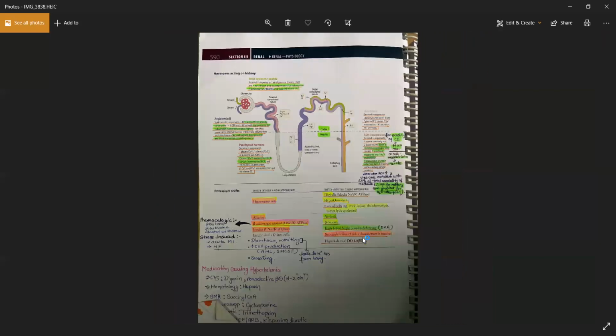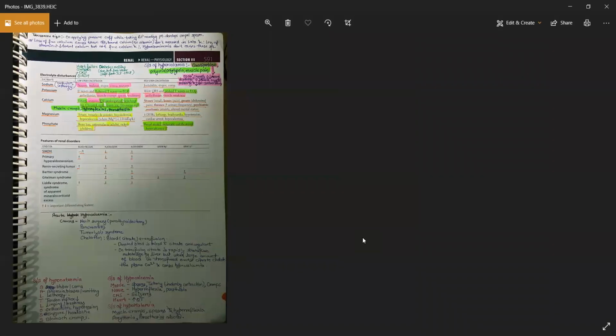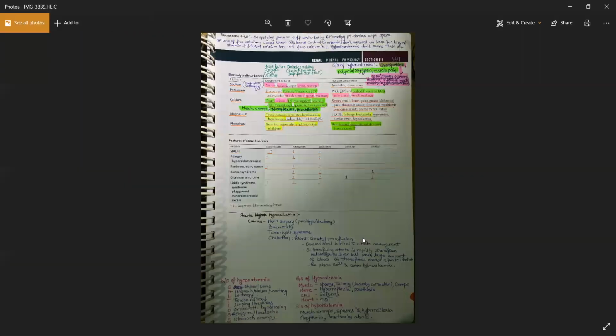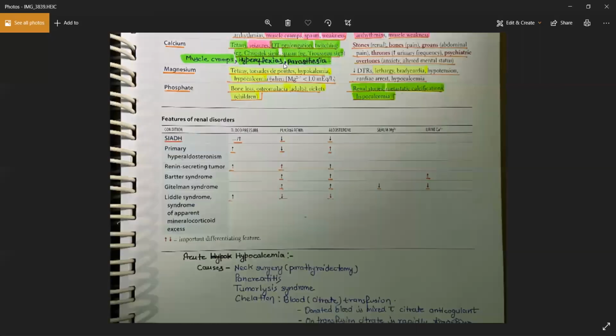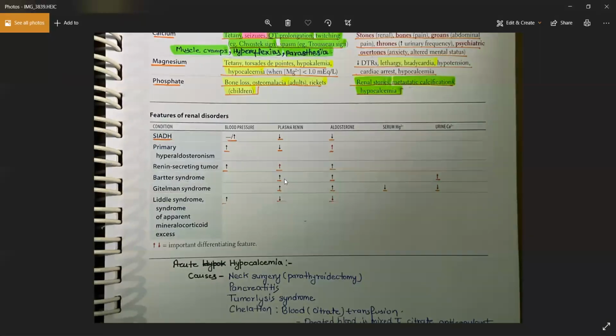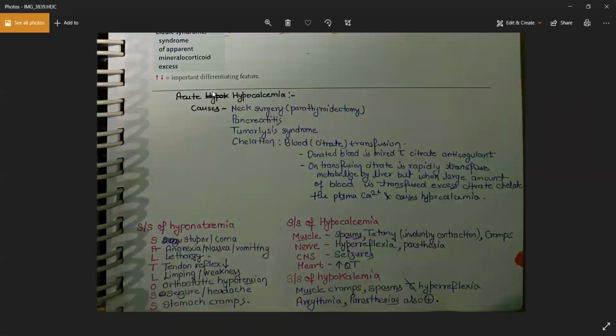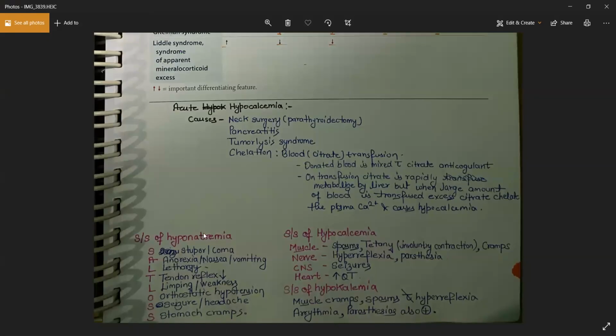Now you need to know all the symptoms of the different electrolyte imbalances. For sodium, remember, you will get the neurological symptoms first. So for hyponatremia, symptoms include coma, drowsiness, anorexia, nausea, vomiting, GI symptoms. You will get lethargy, weakness, the patient unable to get out of the bed. Tendon reflexes will be decreased.